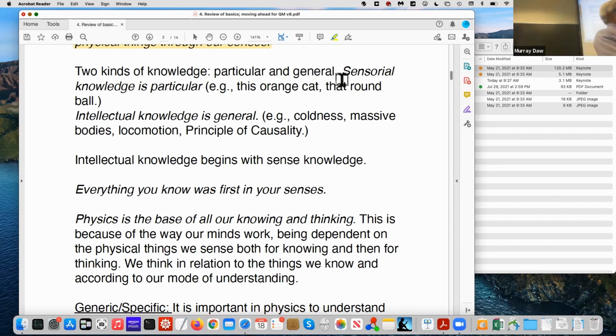But intellectual knowledge begins with sense knowledge. For us, there's no way around it. So we have to start with our senses, and everything that comes into the intellect comes through the senses. There's no bypassing. And that's an important thing to recognize. Everything you've learned was first in your senses. Okay.